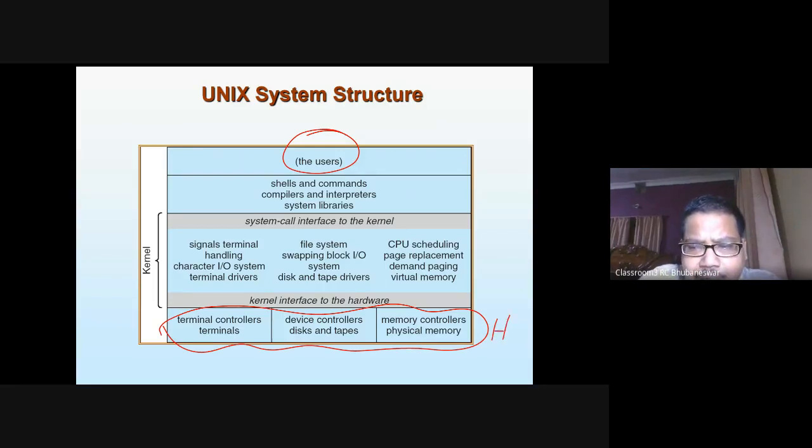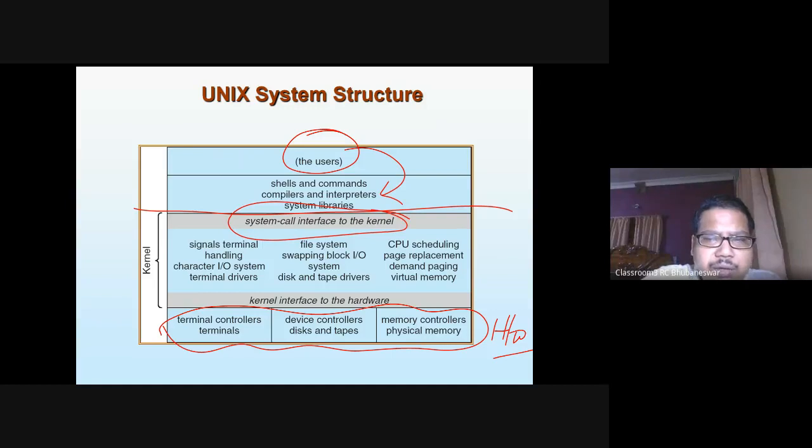At this point, the user can interact with the shells, commands, and compilers. So we can interact with the shells, commands, compilers, interpreters, system libraries, and so on. So the user requirement is completed here, and this makes up the system kernel.